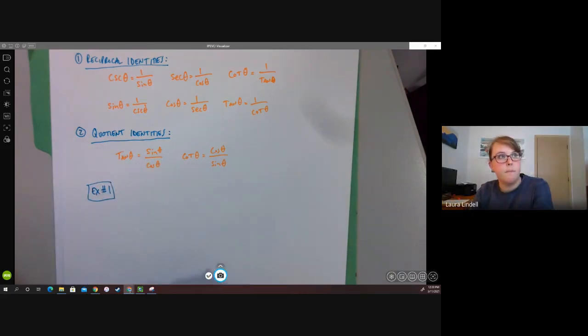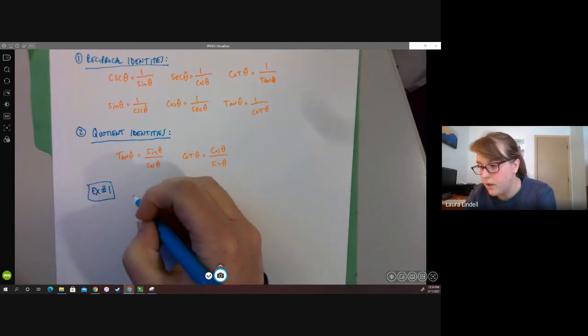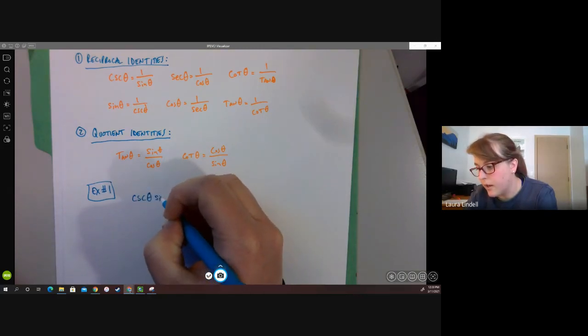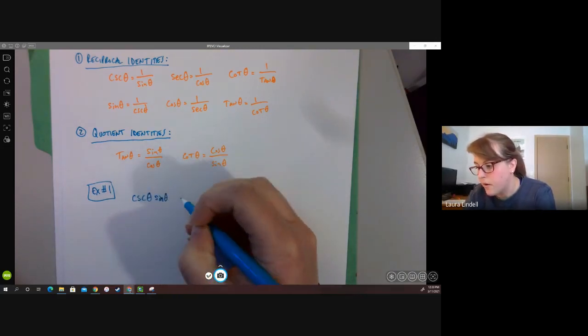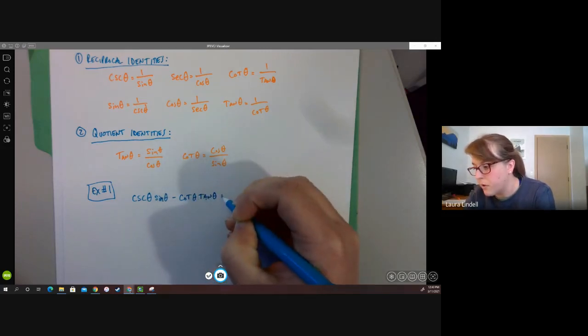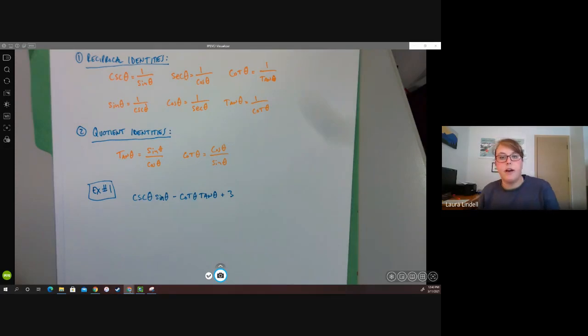So for this first one, if we saw something like, I don't know, cosecant times sine minus cotangent times tangent plus 3, or anything like that, we would want to be able to simplify these expressions.